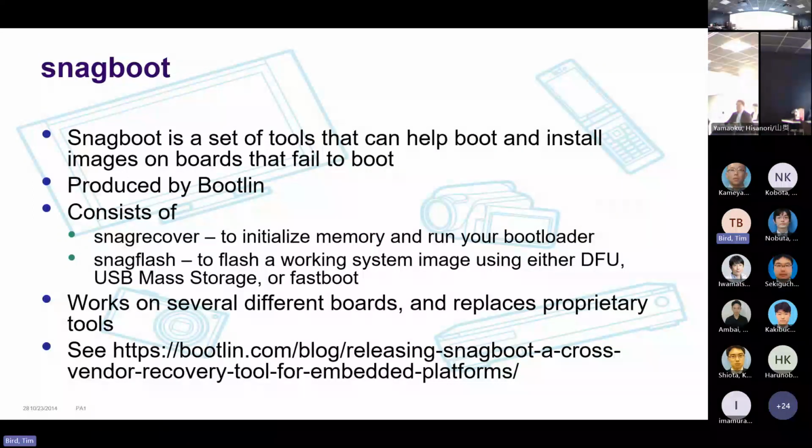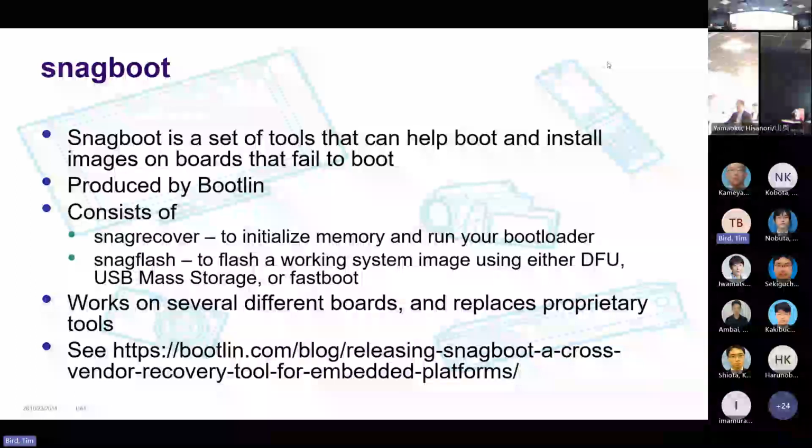The other thing that came out this last year was a set of tools called SnagBoot. That set of tools helps you boot and install images on boards that fail to boot. Sometimes you're working with a board and for one reason or another, it stops being able to boot.